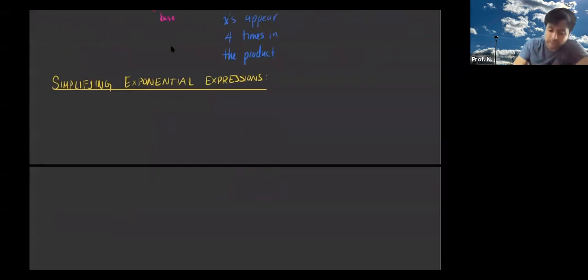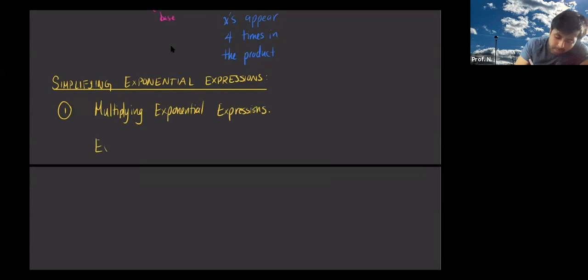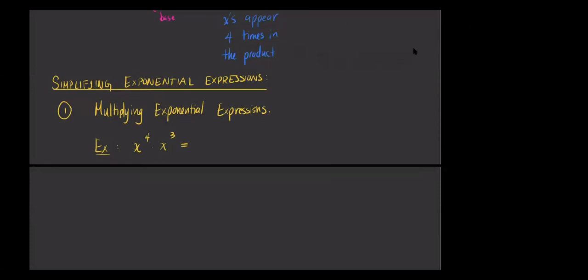So for example, what happens when I'm multiplying exponential expressions? If I have x to the fourth times x cubed, what's the result? Yeah, you do add the exponents, but why is it that we add the exponents? What is x to the fourth?